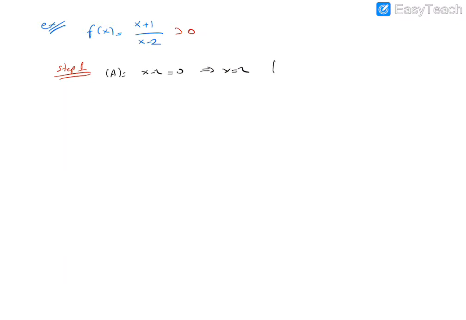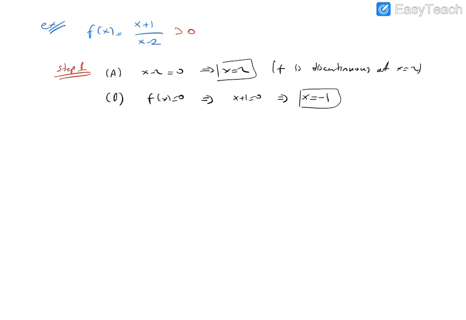So here f is discontinuous at x equals 2. B: when f of x equals 0, this implies x plus 1 equals 0, which implies x equals minus 1. So we have two partition points.